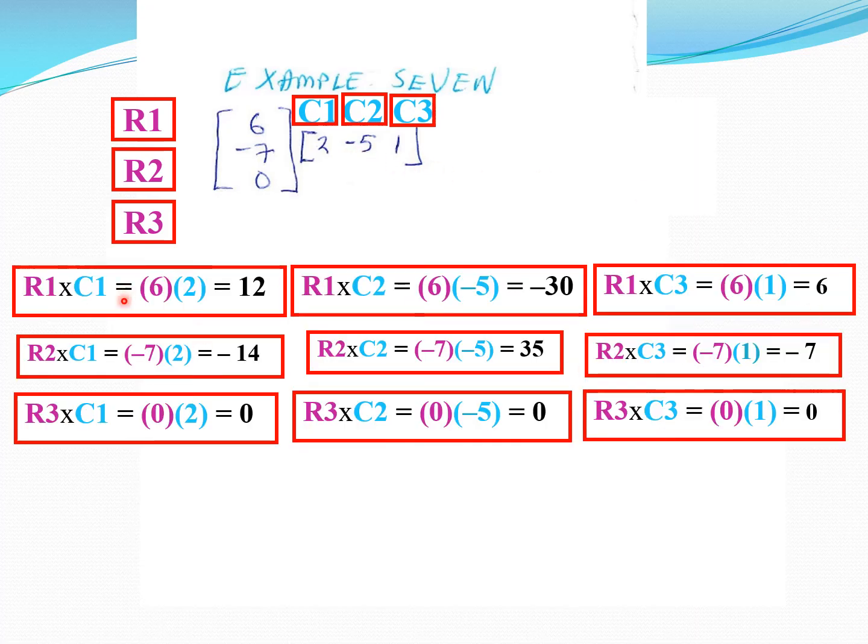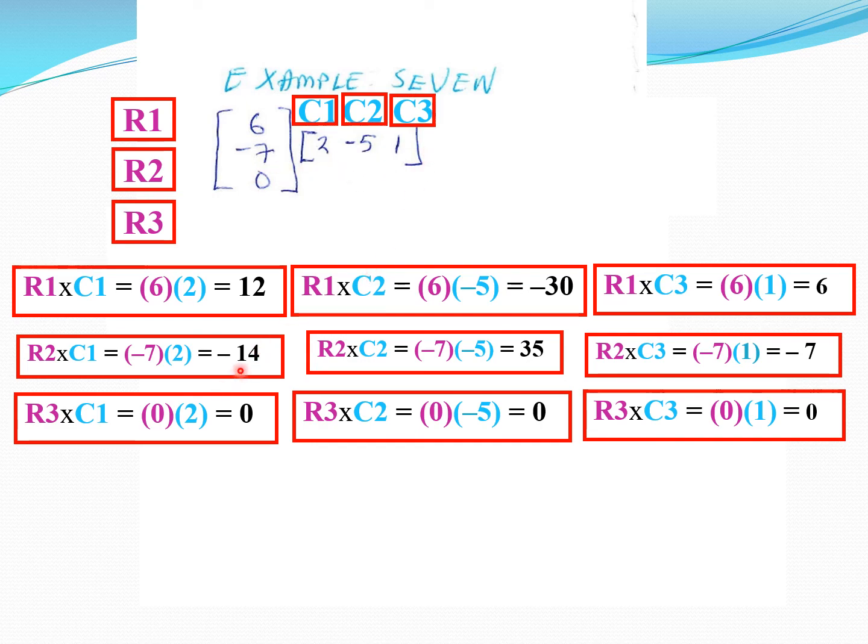So very quickly then, how do you do row 1 by column 1? There's only the first entry in the row by the first entry in the column. So it's straightforward. 6 times 2 is equal to 12. Row 1 by column 2, 6 by minus 5, minus 30. Row 1, column 3, 6 by 1 is 6. Likewise with row 2, you multiply minus 7 by each of those numbers in turn.